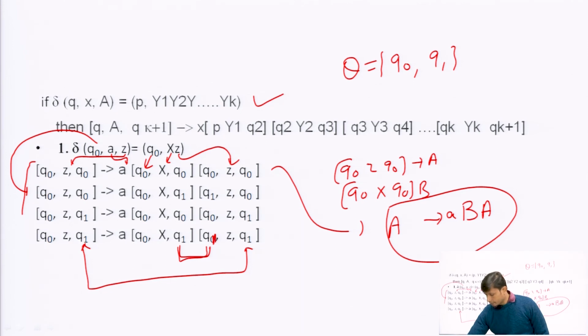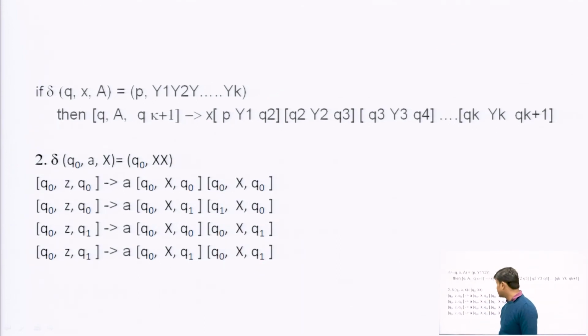Next, this is production 2. Production 2 is saying that it is the same thing, whatever we had z in the previous production, here it is x. So here you see it is the same q0, and this is x, the stack top is x.